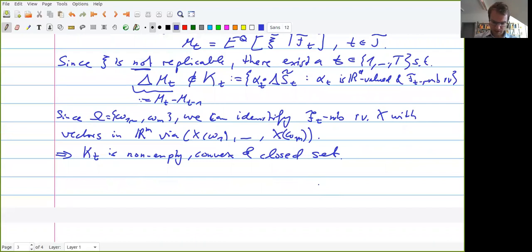And what we also know is that the element delta M_t is not in K_t.